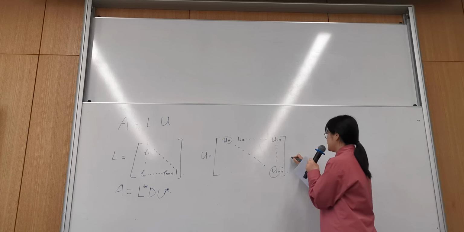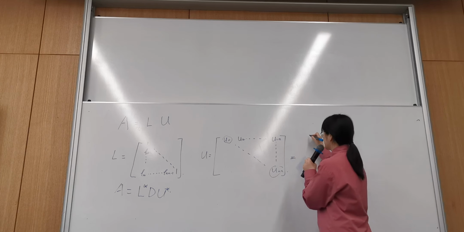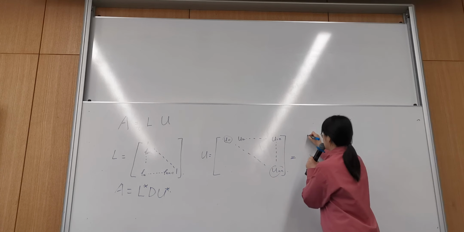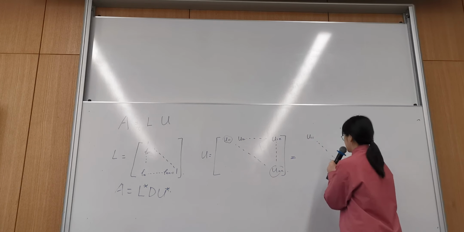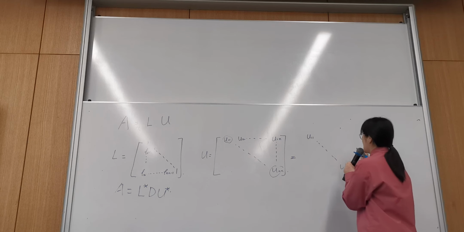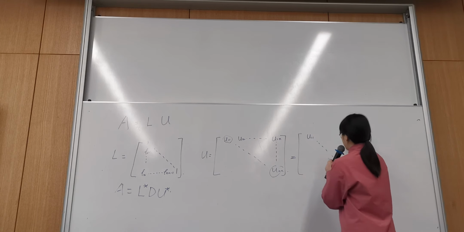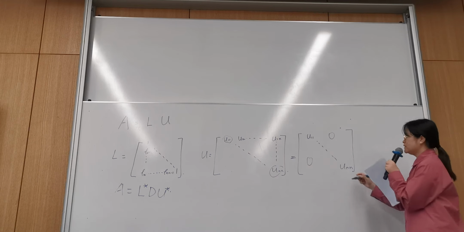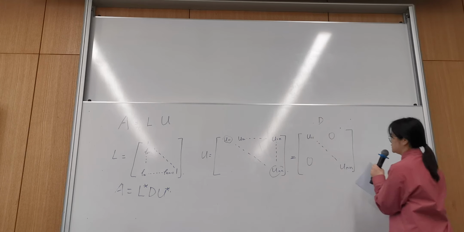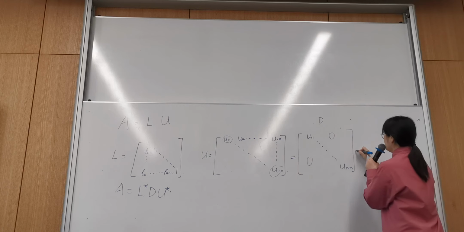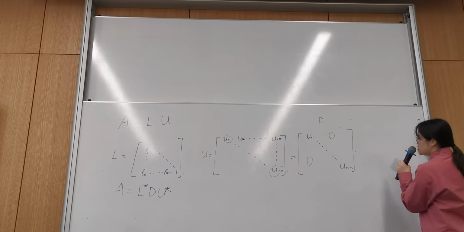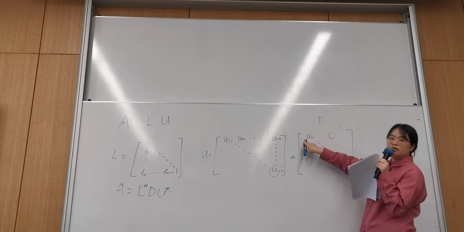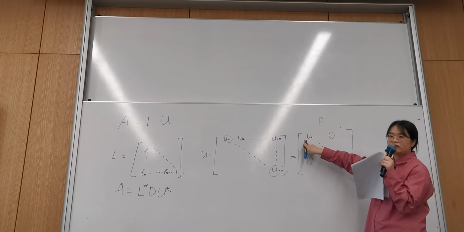So our U could be equal to the multiplication of two matrices. The first one is, again, U11 to UNN on the diagonal entries. Other parts are 0. And this is our D. And the remaining part is each row of previous U divided by the corresponding diagonal entry.